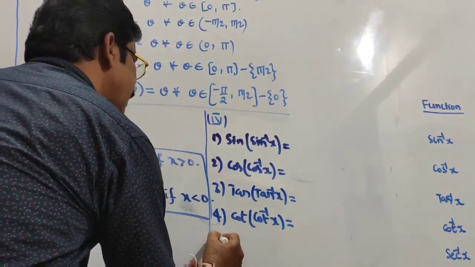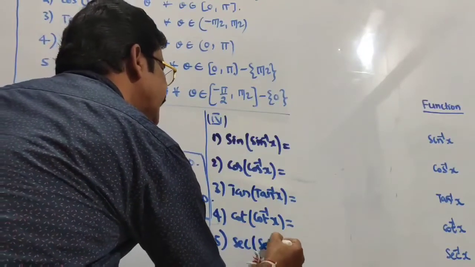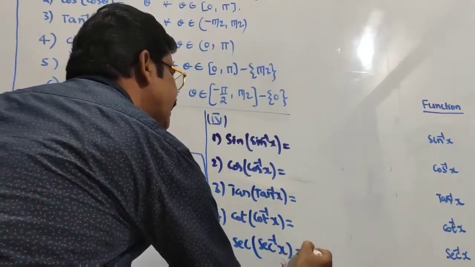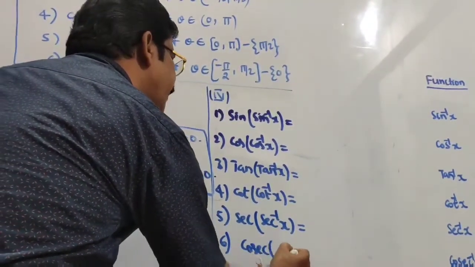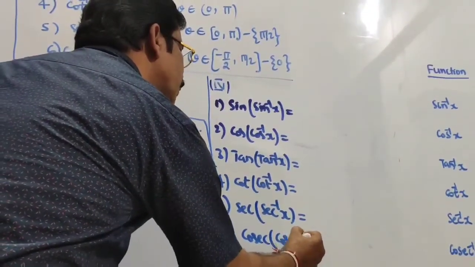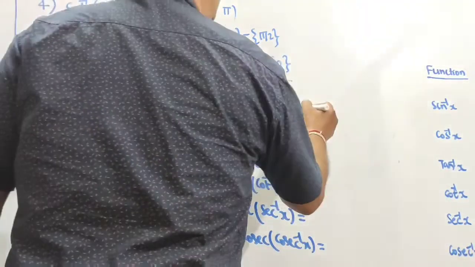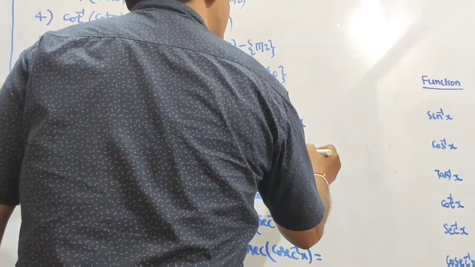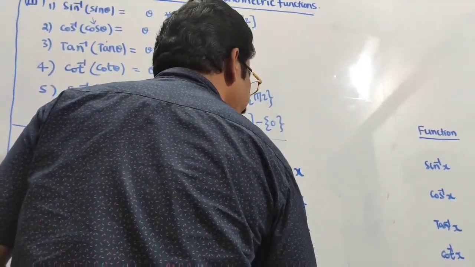Number 5, secant of secant inverse x. Number 6, cosecant of cosecant inverse of x. Actually it is x, it is also x, it is the simple formula. Okay, but the matter is about x.